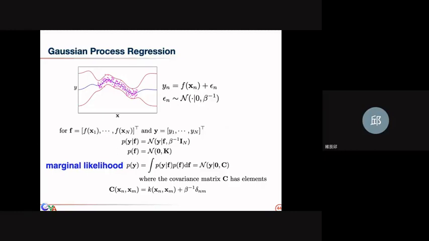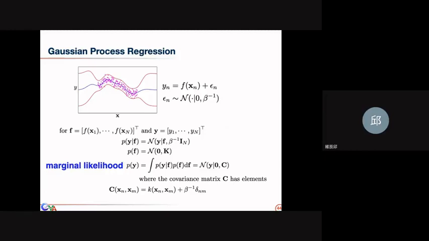Then the marginal likelihood. Here this is P of f, and this is P of y given f. If you multiply them together and integrate over f, then you have P of y, and this is the marginal likelihood.